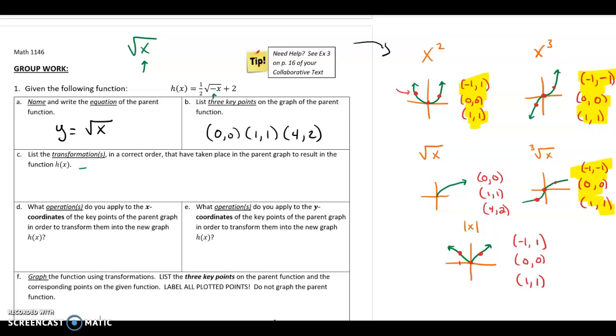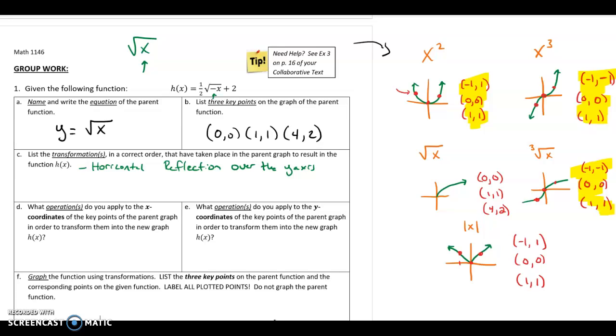This transformation is going to be a horizontal reflection over the y-axis.